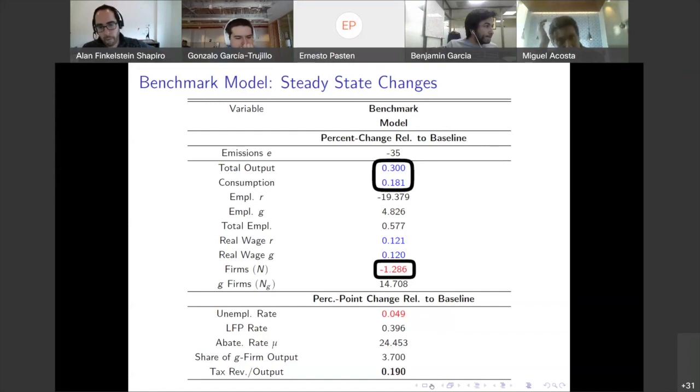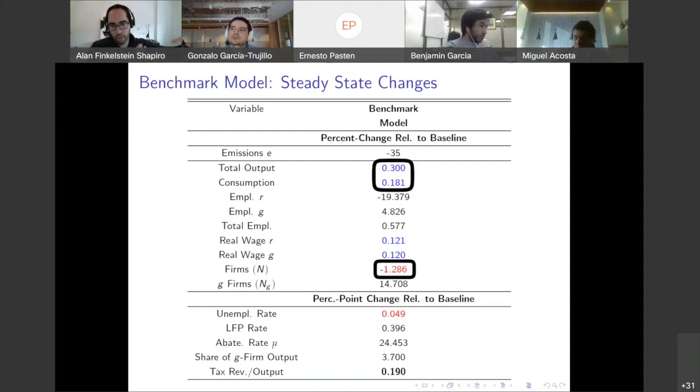Now, from the perspective of the unemployment rate and the participation rate, you have an unemployment rate that's on average 6% before the tax, and it increases to 6.05%. So given the reduction in emissions, it's not that big of an increase in unemployment. There's more participation, and that comes mostly from people searching for jobs in the green sector.